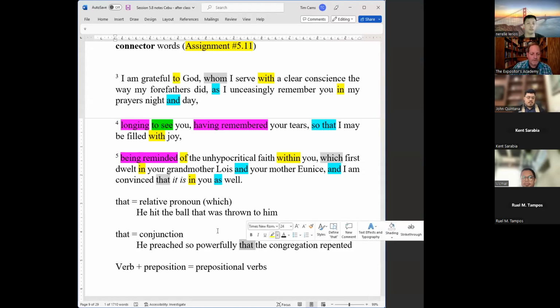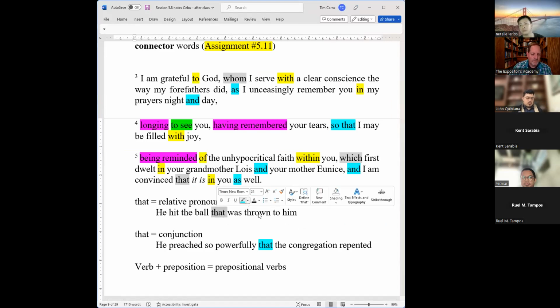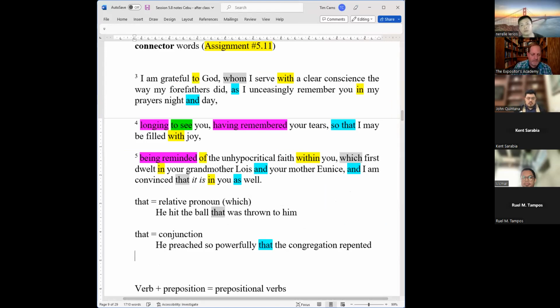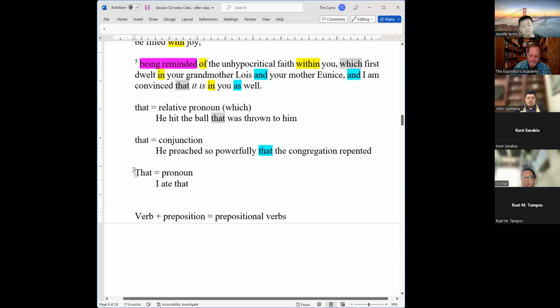It's giving the result of how he preached. Or "that" can be just a regular pronoun. You can say, I ate that. Okay, so "that" is filling in for a noun.